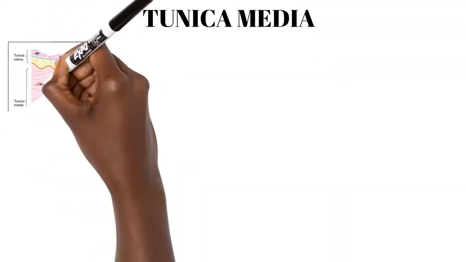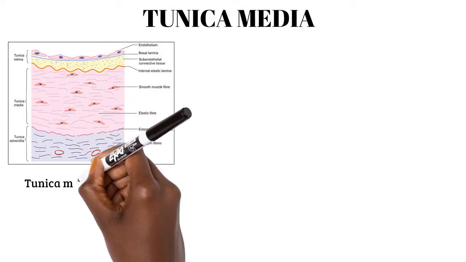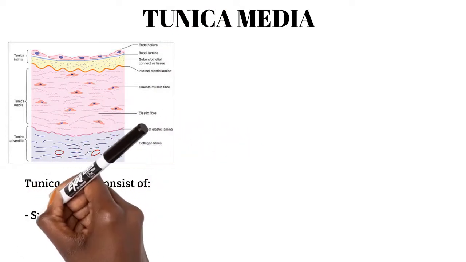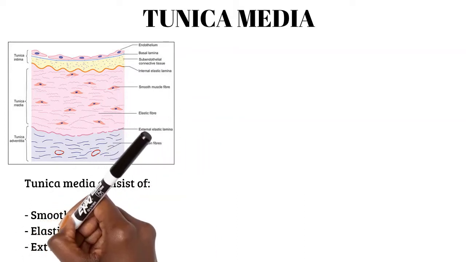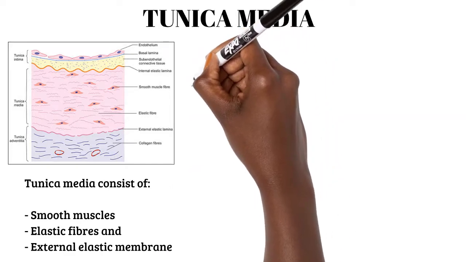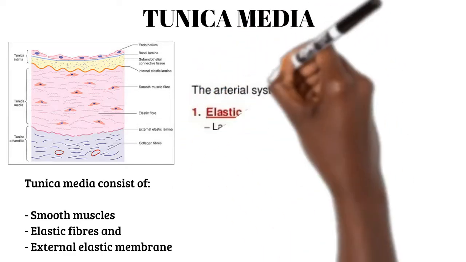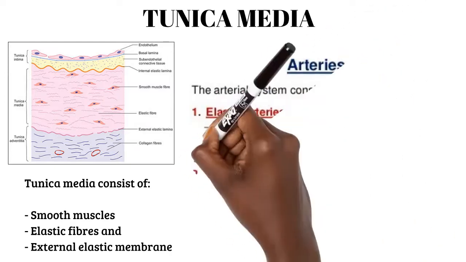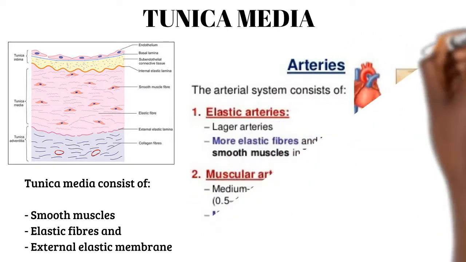So the next layer is the tunica media. This consists of smooth muscles. The thickness of the smooth muscles would depend on the type of vessel we are talking about. So in elastic vessels like the aorta or greater arteries, it is predominantly elastic fibers.